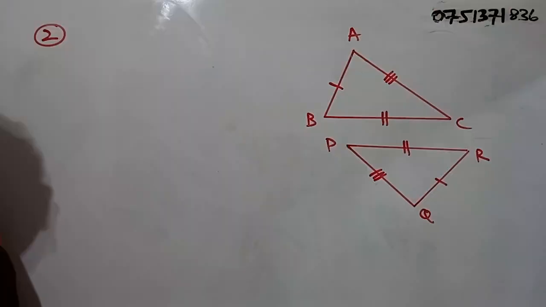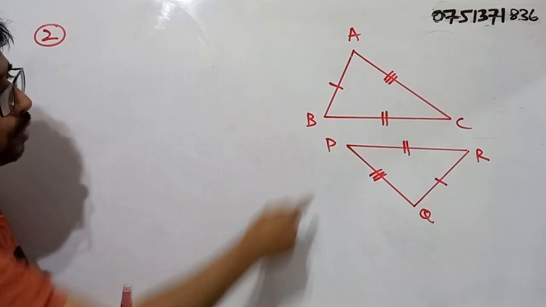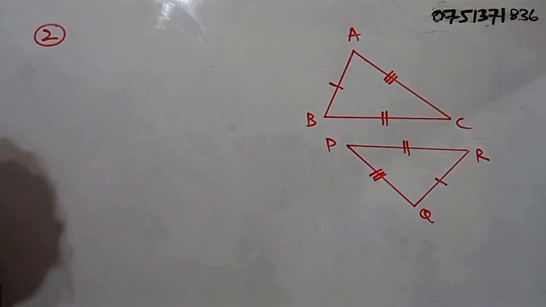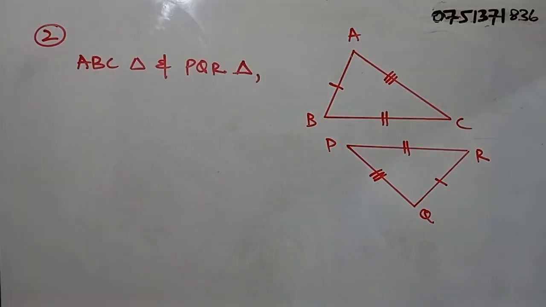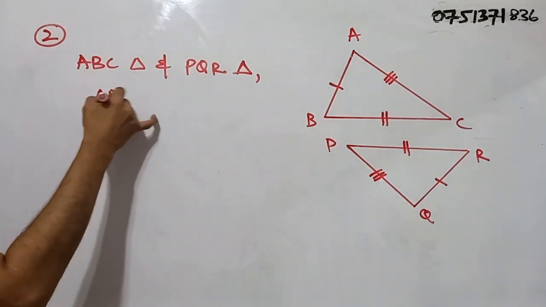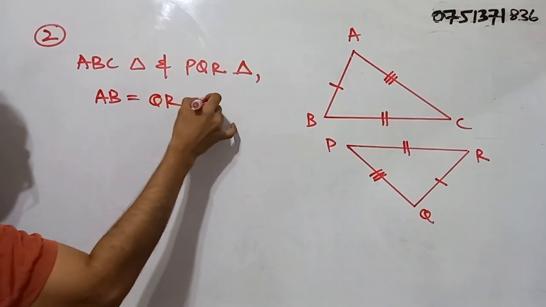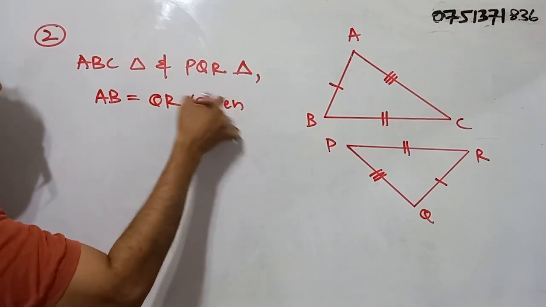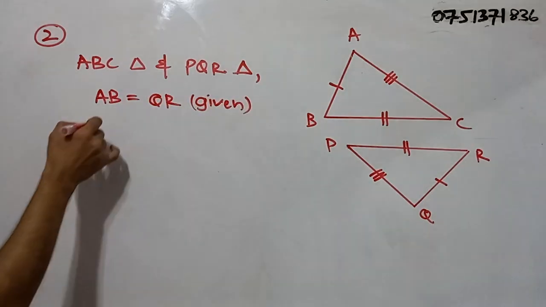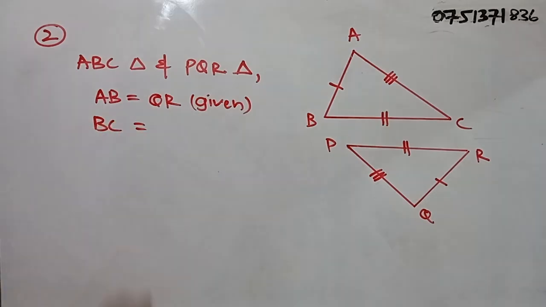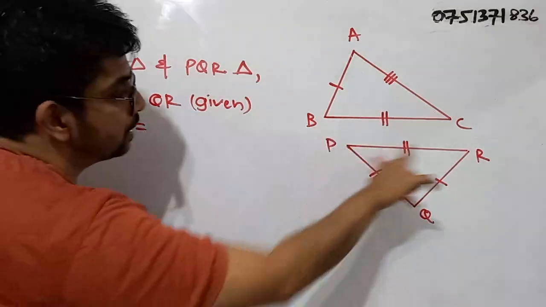Right. Okay, so this is the second diagram that has been given to us. So we have two triangles, ABC and PQR. Right, so we will consider ABC triangle and PQR triangle. So as you can see, AB is equal to QR. So this is given. Then BC is equal to PR.